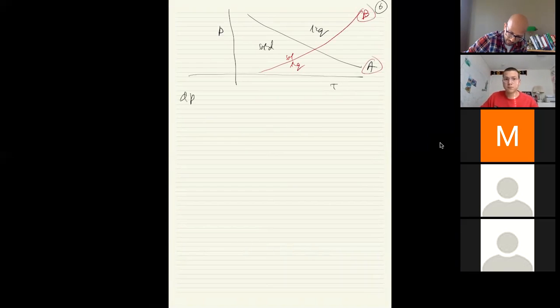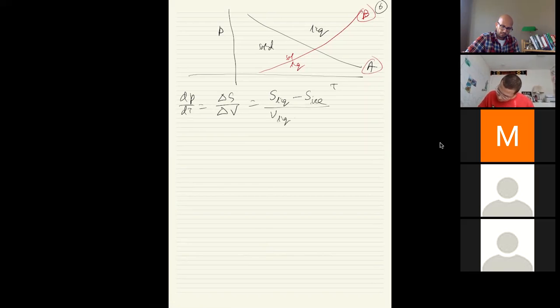Let's look at our dP by dT is equal to delta S by delta V. So we are talking about S, and we have to be careful in our sign convention. Let's say that we are talking about S liquid minus S ice by V liquid minus V ice.